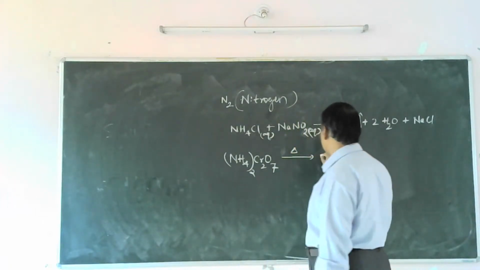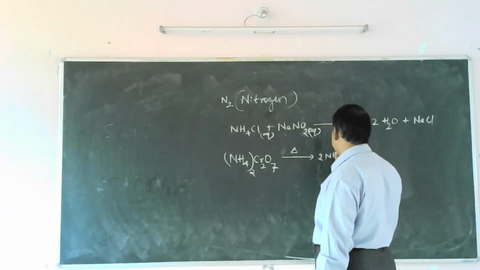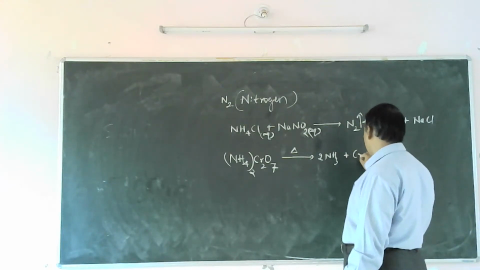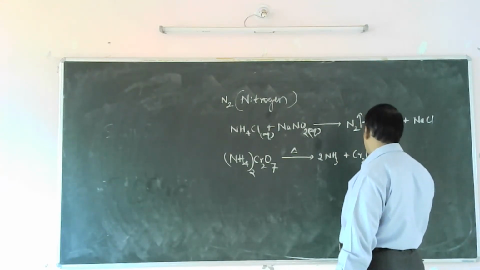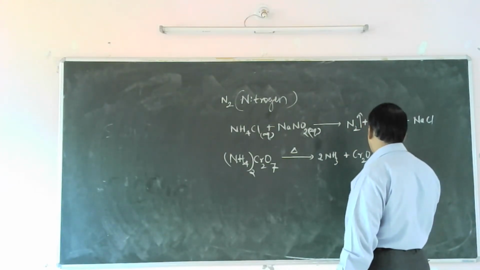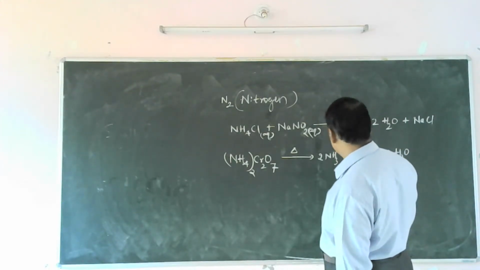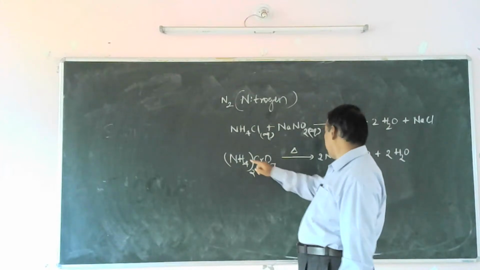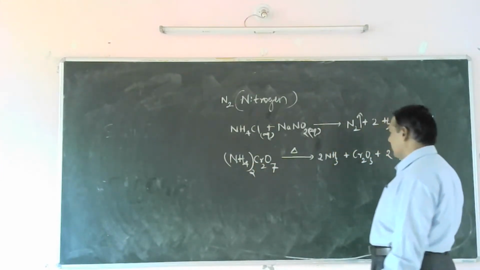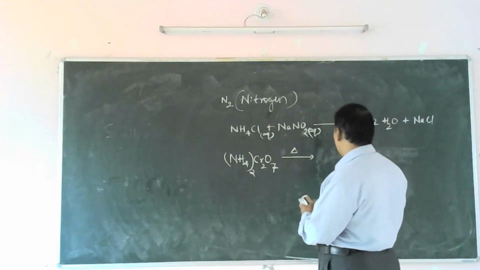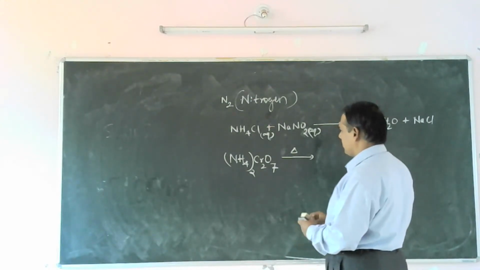So you will get N2 plus Cr2O3 plus 4H2O.